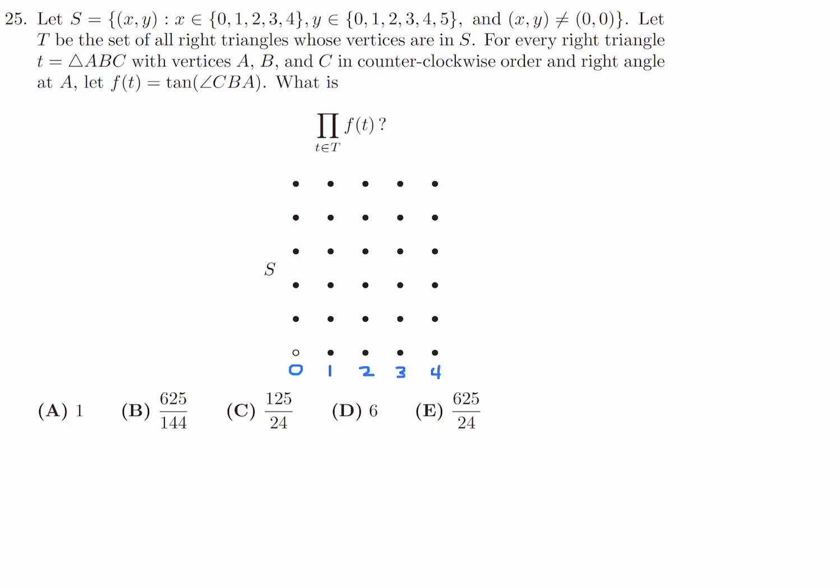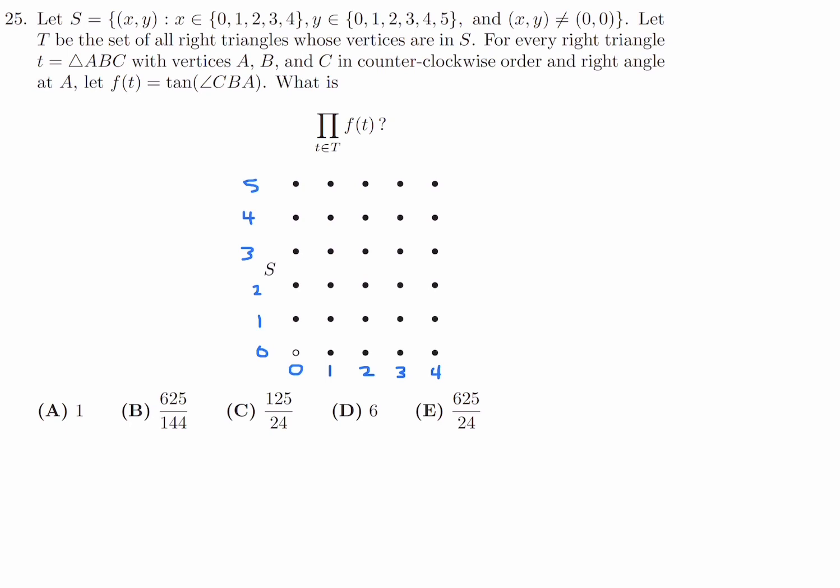And then for the y, this is 0, 1, 2, 3, 4, 5. Like that, right? And there's no origin. That's why if you notice there's a dot that's not filled in. There's no origin. That's what this means. The origin is not involved, so we'll get to that a little bit later.